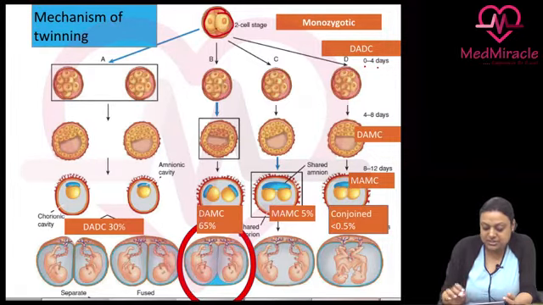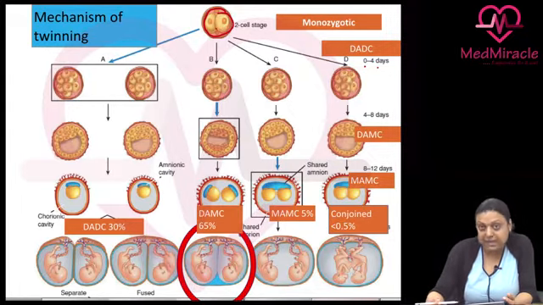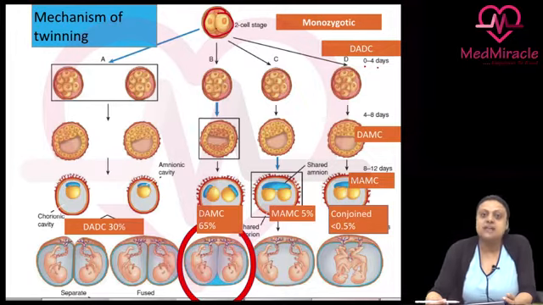after this division, there is formation of the amniotic cavity, and after the amniotic cavity is formed, there is establishment of the placenta, and accordingly, depending upon the number of days that have passed post fertilization, the type of twin is determined.